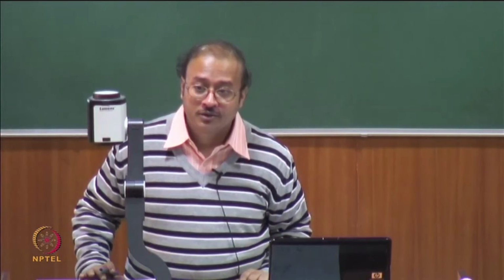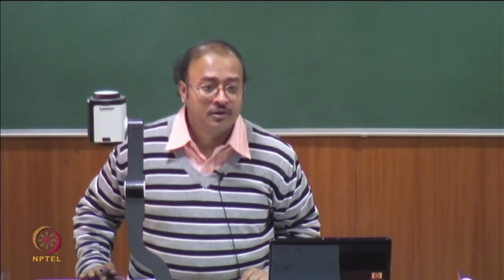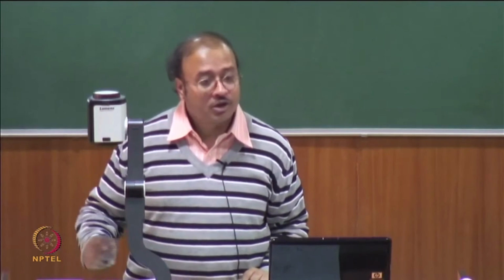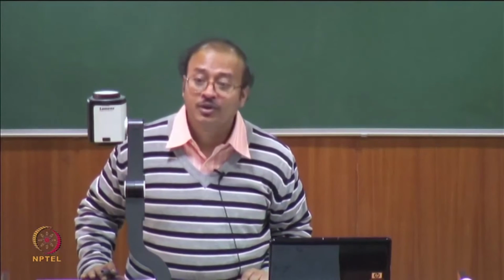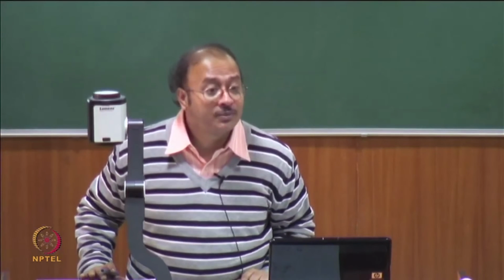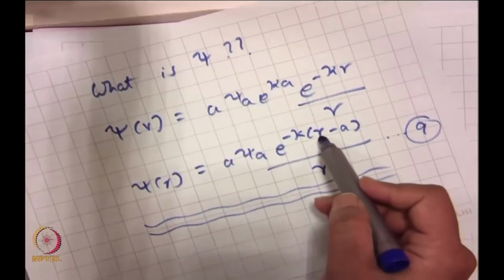That is the potential I am talking about, not the force. Here you also have r in the denominator, but is it the only thing you have? You also have another dependence, the dependence upon r minus a.